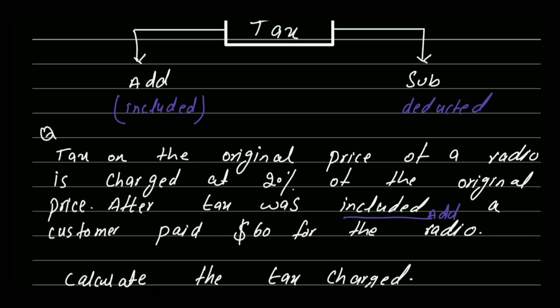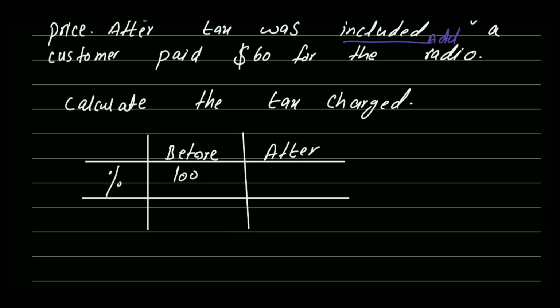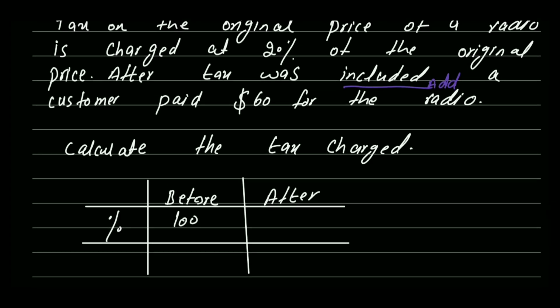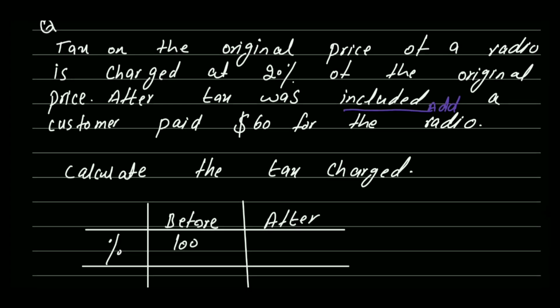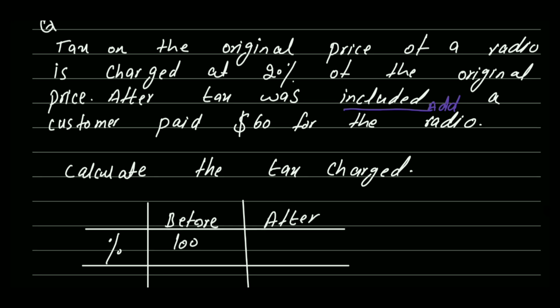So we have to decide that we have to add or subtract with the word included or deducted. So here what you have to do, original price of a radio is charged at 20% of the original price. Okay, after tax was included, a customer paid $60 for the radio.